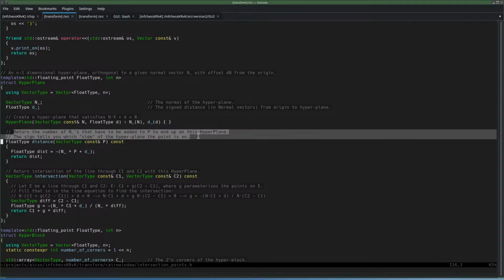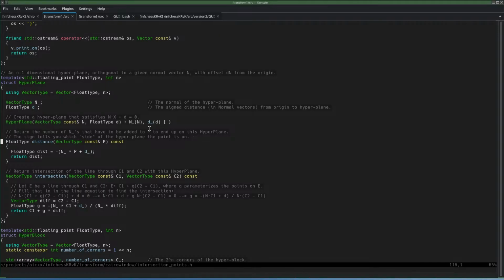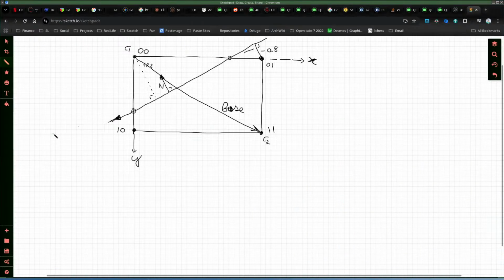Well, if this is correct, then we go from P towards the hyperplane, meaning that a negative value means, well, let's say a positive value, easier to think about. A positive value means that it is on this side then, because let's say this point here, in order to get on the line we need to add n, a positive number of times, going in the same direction as n, and then you reach it.